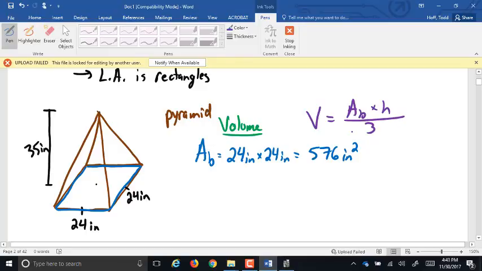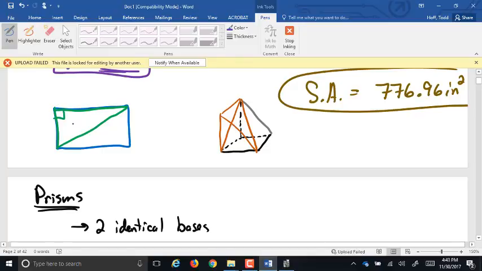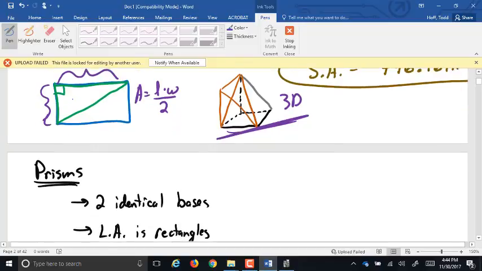Now, the way I remember that, the area of the triangle was length times width divided by 2. We divided by 2, it was 2-dimensional, to get from a rectangle to a triangle. This is 3-dimensional, so we divide by 3 to get from the volume of a box to the volume of the pyramid.